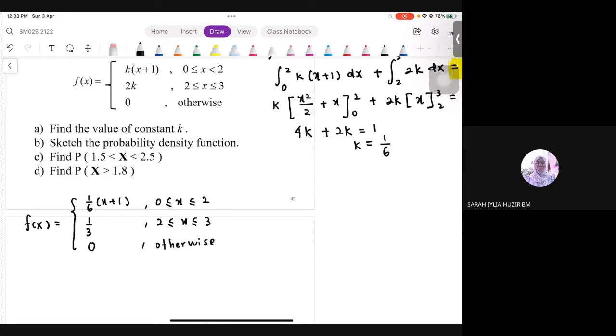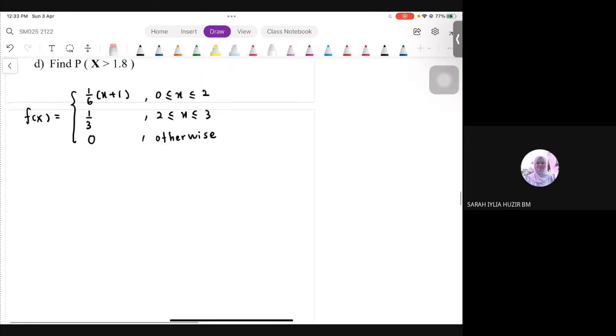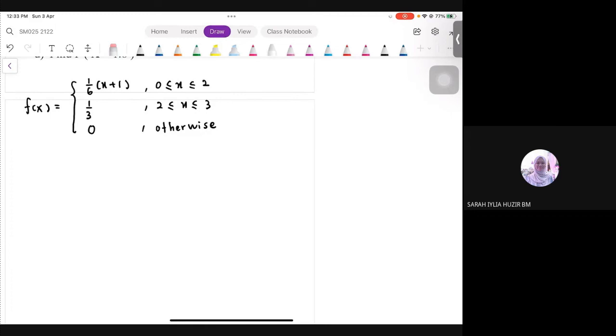So based on this function now, we may start sketching the graph. So how do we do this? Okay, you just have to directly substitute the value of x into the function to find value of fx. So I just start with the x's first. So always label your, sekejap, saya lukis semula.